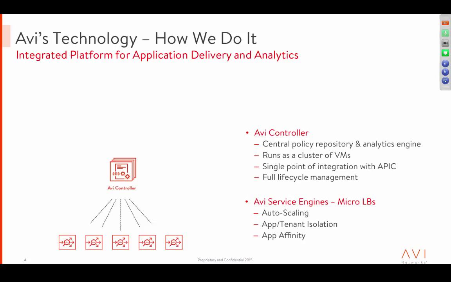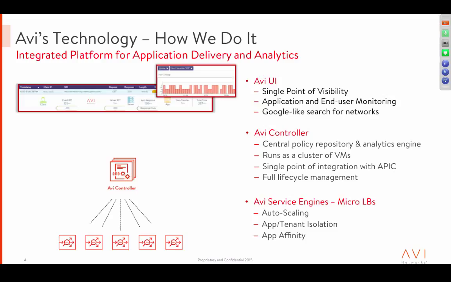As you get more traffic, it will increase them, and reduce them when you don't have that much traffic. These are also created to provide you application and tenant isolation, and we can place them where needed, based on the application's needs, and we can do application affinity.